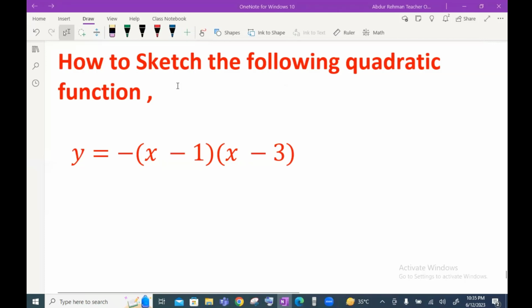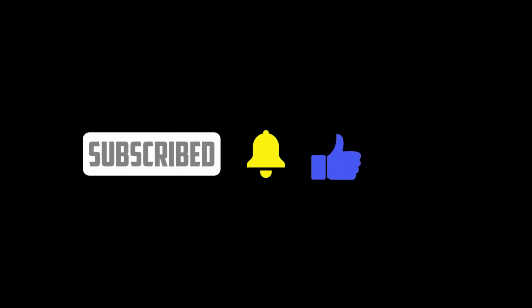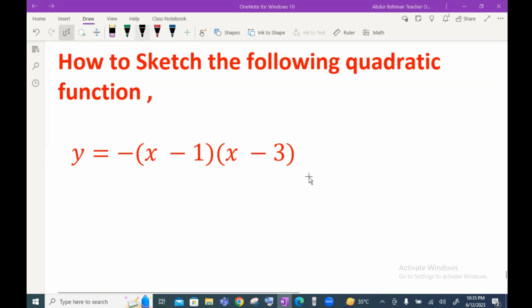Today I'm going to explain how to sketch the following quadratic function, which is y equals minus (x minus 1) times (x minus 3). Actually, we have to check whether this type of quadratic function will be drawn or this type of parabola will be drawn.